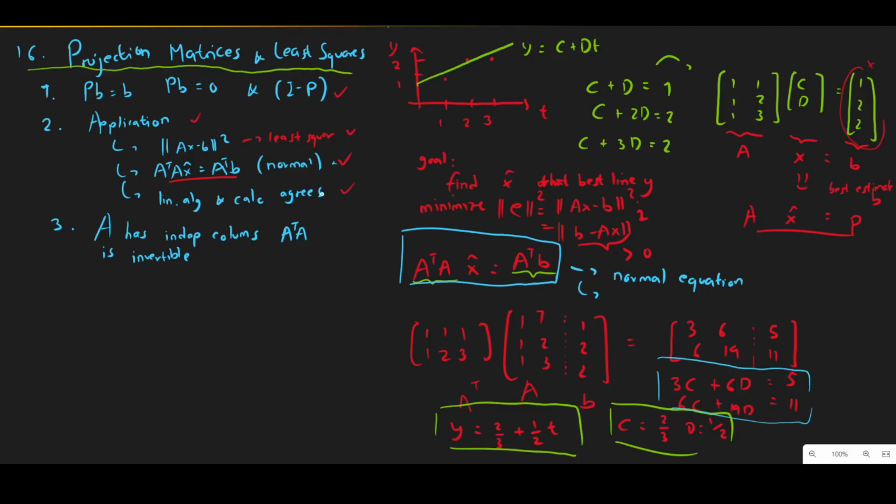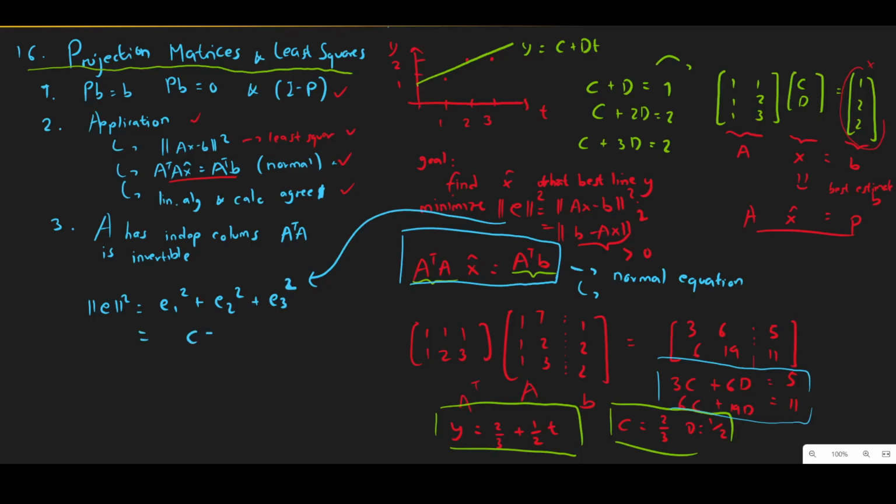What I mean by that is, if I use this error function, the vector e is equal to e1 squared plus e2 squared, each component squared, because I have 3 components, and I square all of them.